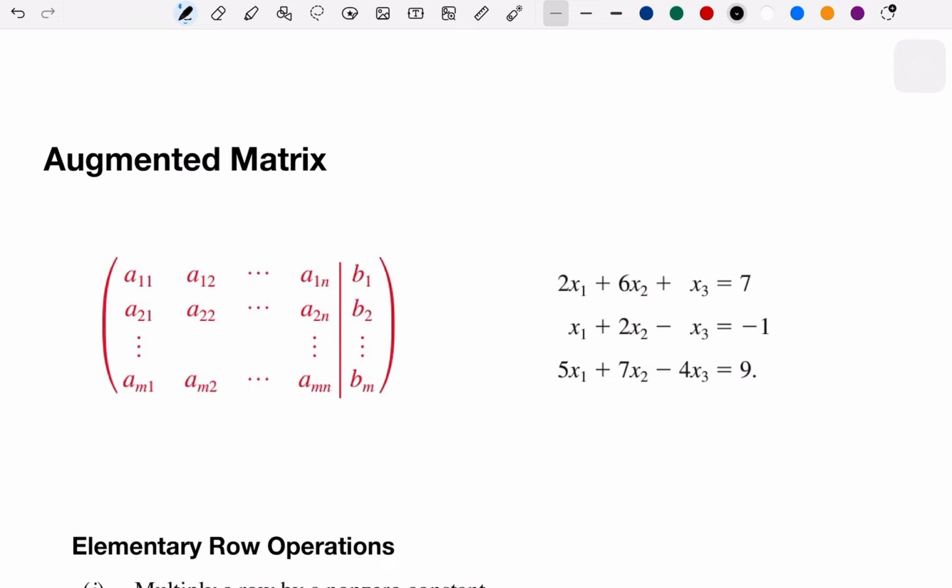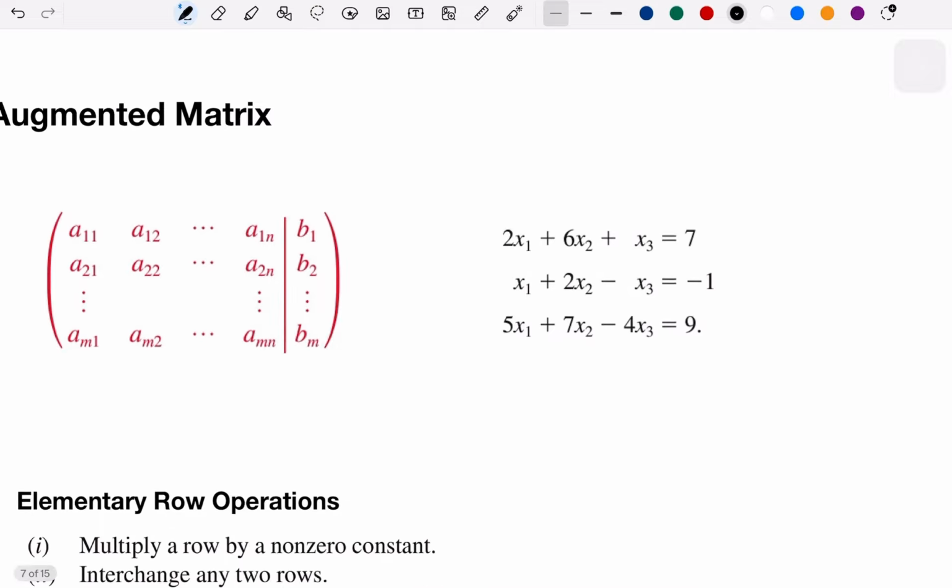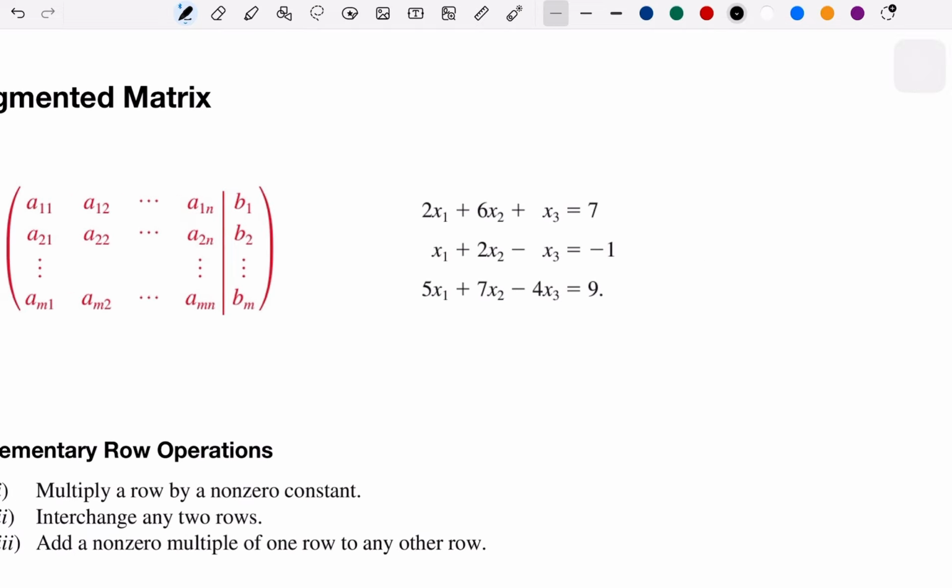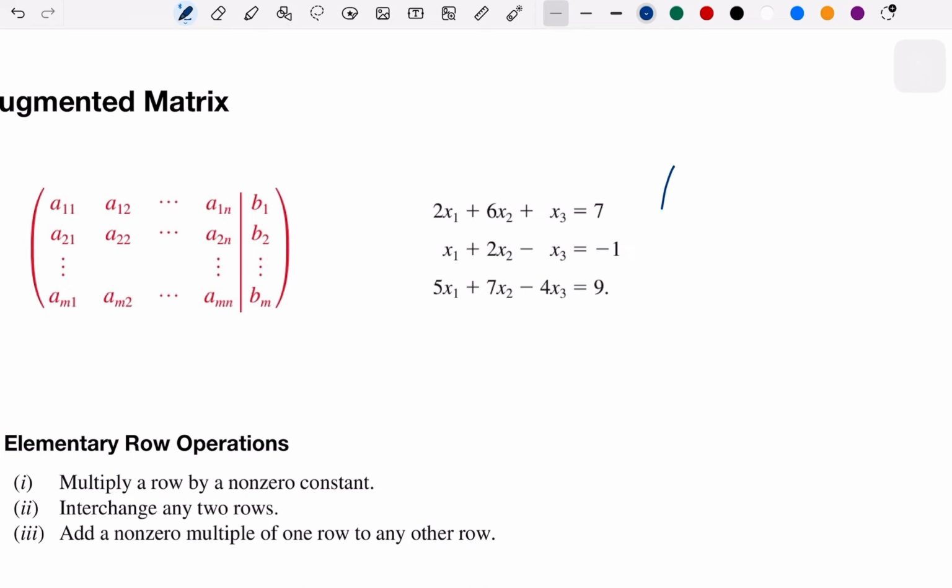For example, if we want to write the augmented matrix, we could write on the right side here: 2, 6, 1, 1, 2, negative 1, 5, 7, negative 4, and then we have 7, negative 1, 9.